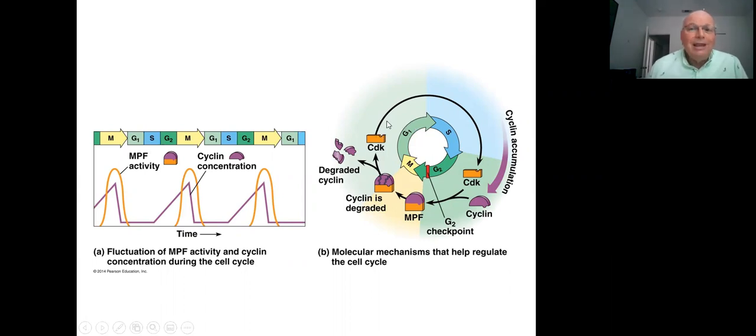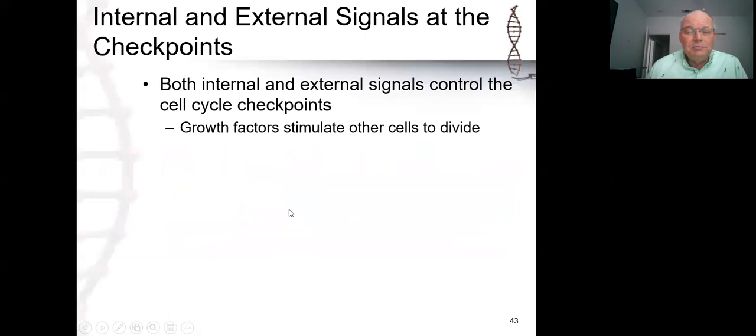And also, if a cell needs to re-enter the cell cycle, to exit G0 and enter G1 again, it needs to get the message to re-enter the cell cycle. So there are external growth factors that signal to the cell whether it's appropriate to be in the cell cycle and grow and divide, or whether it's appropriate to exit the cell cycle and not grow and divide, be in maintenance mode.